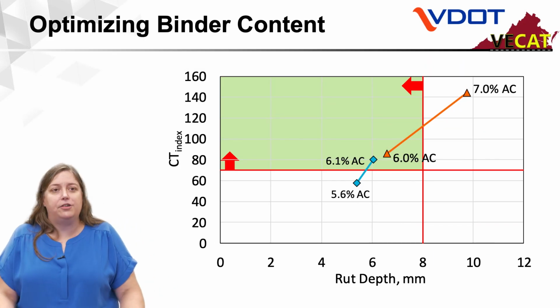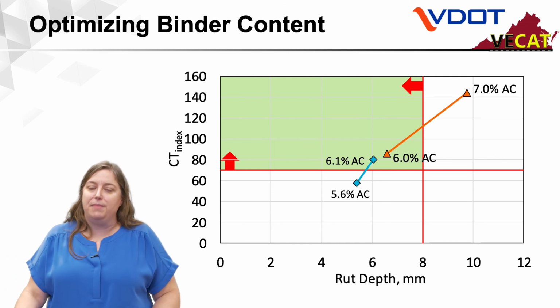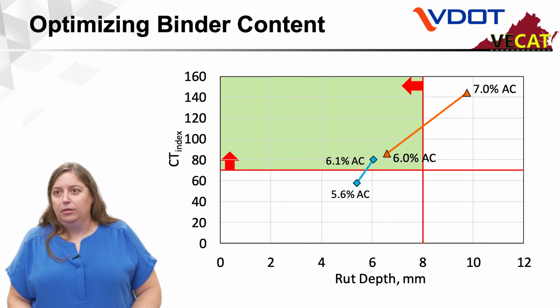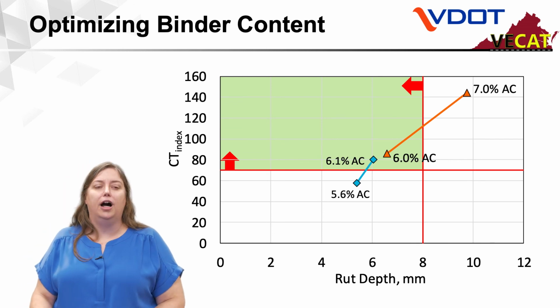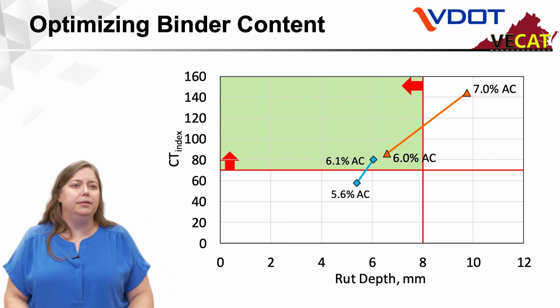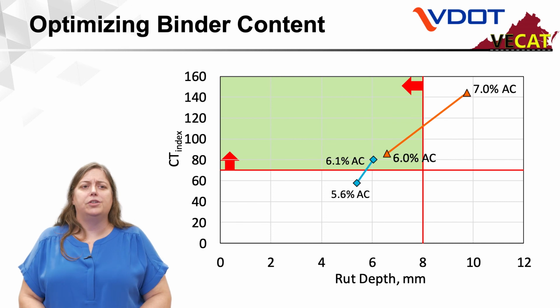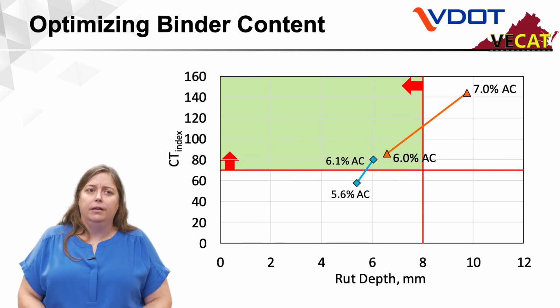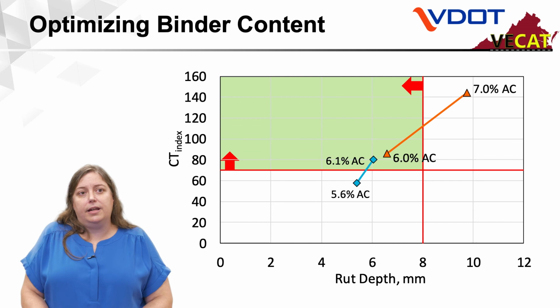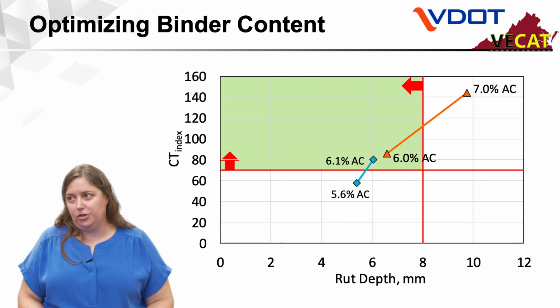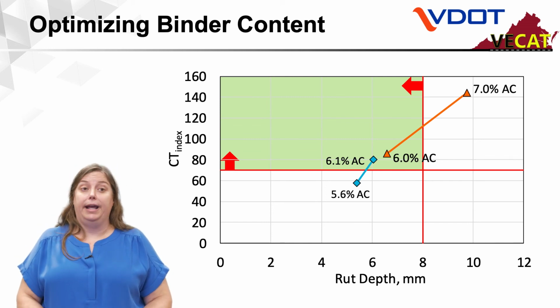This gives an indication of how this can be done. These are some actual results from a couple of mixes that we've worked with over the last few years. You can see the blue mix with the diamonds. The first test was done at 5.6% asphalt content during design, and it was found to be lacking in the cracking. There are lots of things you can do to adjust a mix like this. You can add asphalt.